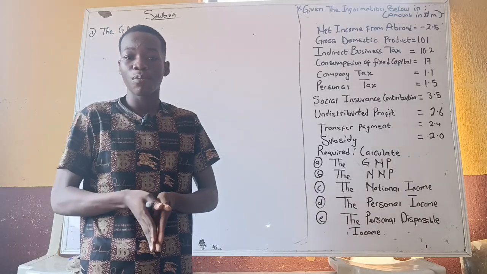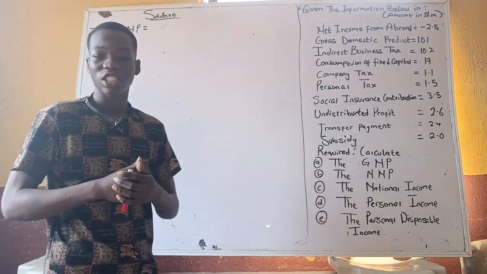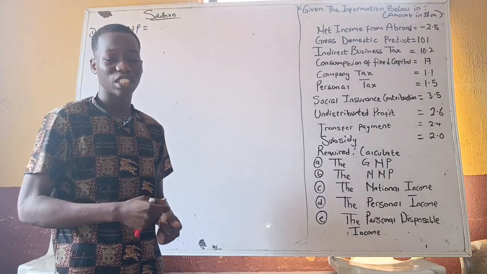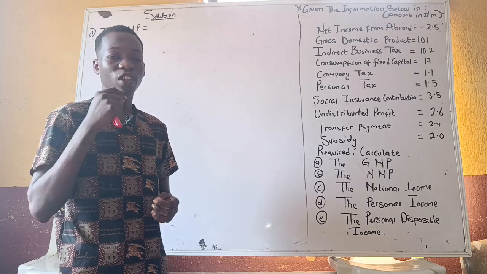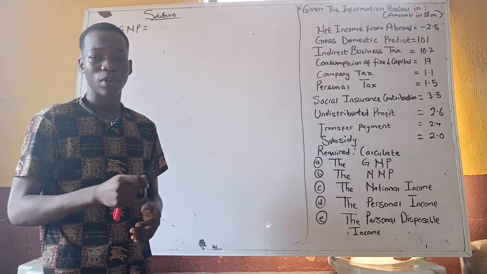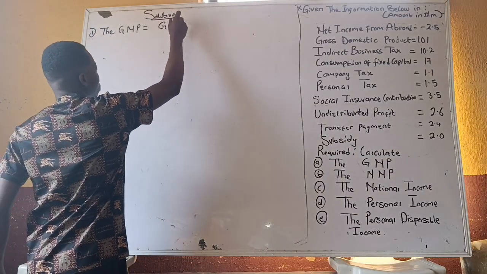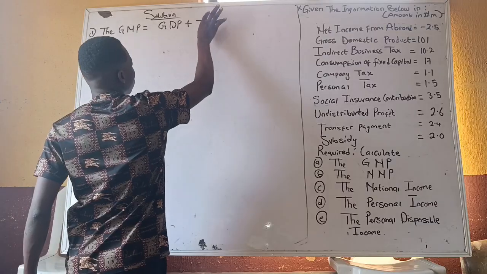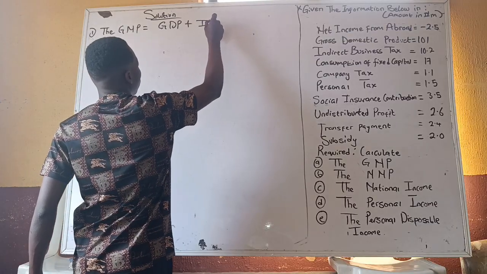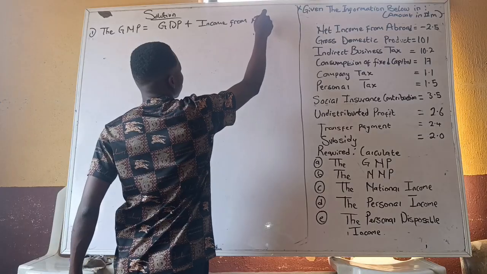So those nationals can be within the country or outside the country. Therefore, to get our gross national product, what we usually do is that we add our income from abroad to the GDP, which is the gross domestic product. So we have the gross domestic product plus income from abroad.